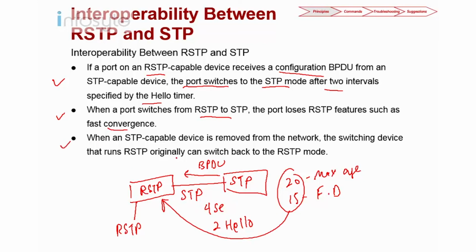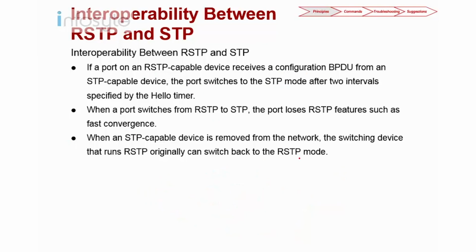And lastly, when the STP-capable device is removed from the network, then what will happen here is this port will return back into RSTP mode. Alright, so here we have the interoperability between RSTP and STP, so you do not need to worry if you are going to mix these two together, but definitely in the network it is preferable to be all RSTP to take advantage of the fast convergence.